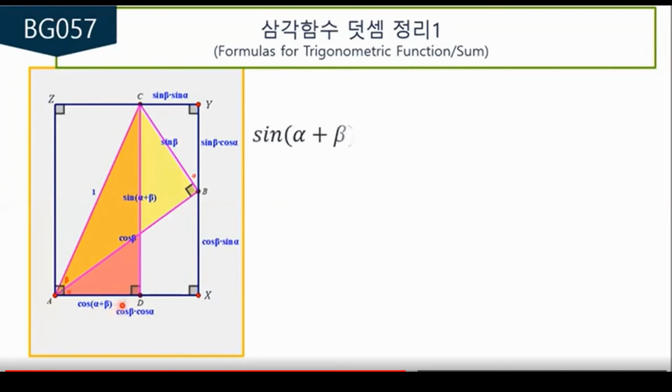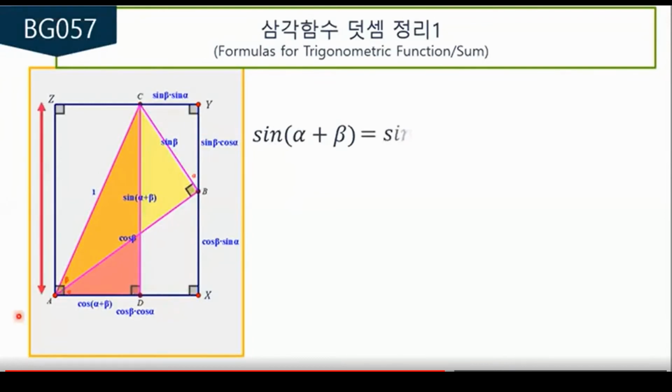Now, we are looking at the sine of alpha plus beta. Before we start, you see the rectangle here, CDXY. So opposite sides, segment CY equals DX, and segment CD equals segment XY. And the sine of alpha plus beta is segment CD. See?